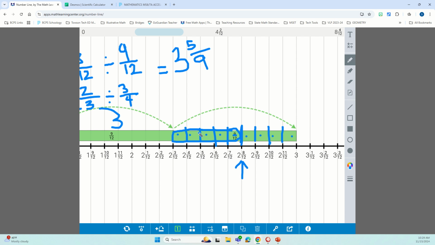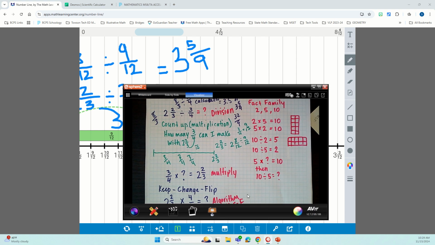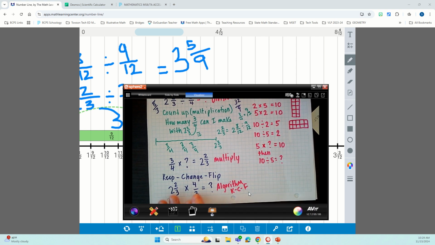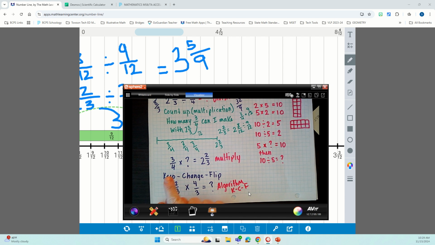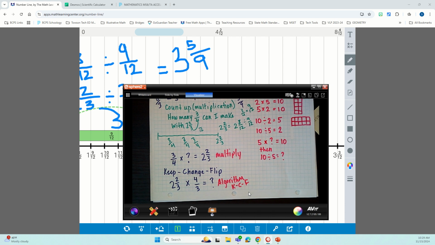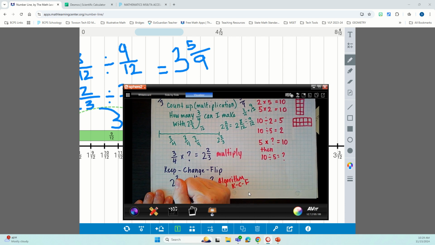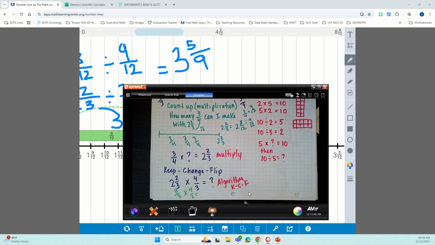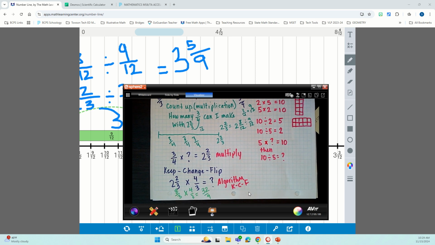Okay? All right, now keep, change, flip. Down here, keep, change, flip. If I want to use this strategy, I do need to make my mixed number an improper fraction. So we're still going to have to do that. 2 times 3 is 6, 7, 8. So this is 8/3 times 4/3. And that is going to give me 32/9, which is exactly what we had in the calculator. 32/9.